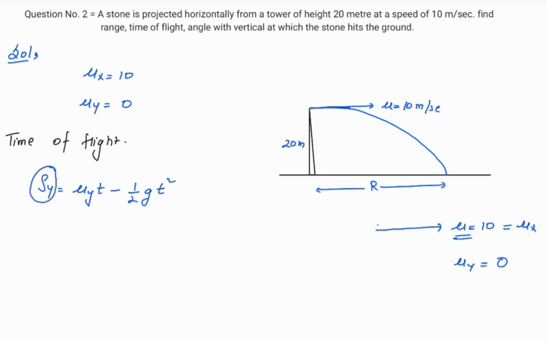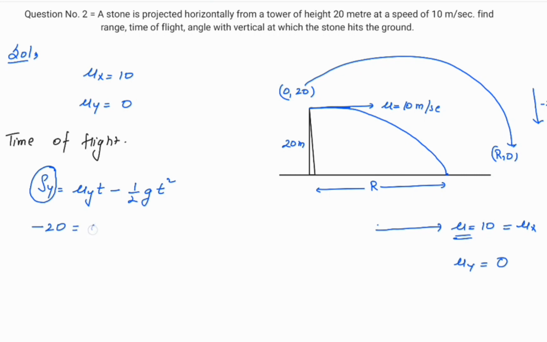How much has the projectile traveled on the y-axis? It is minus 20. What is the coordinate here? 0, 20, x first, then y. What is the coordinate here? We will get R, 0. On the y-axis we have traveled from 20 to 0, downward, which is equal to minus 20. Downward we take as negative, minus 20.